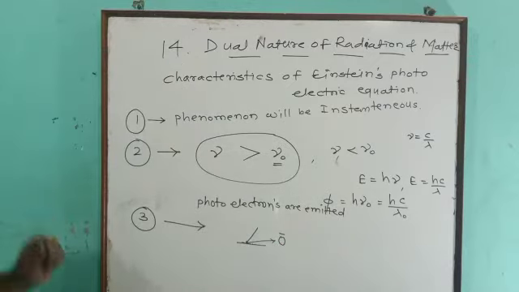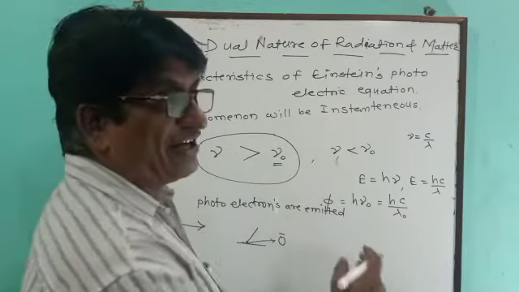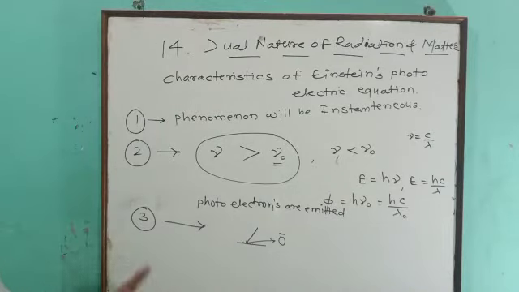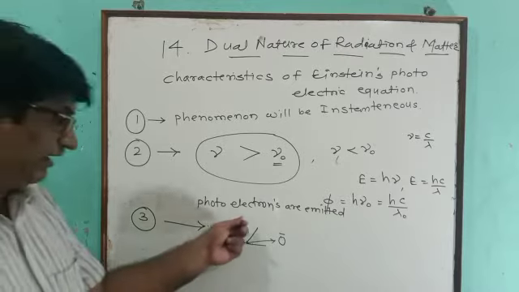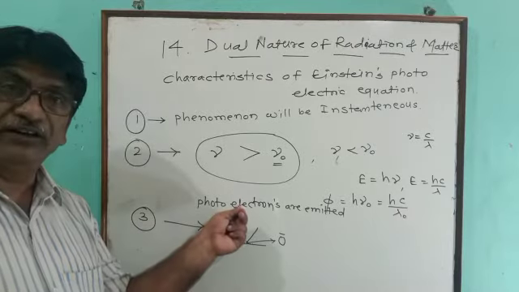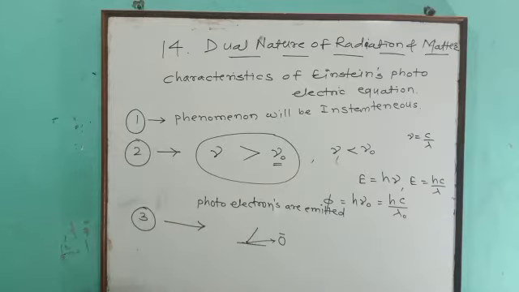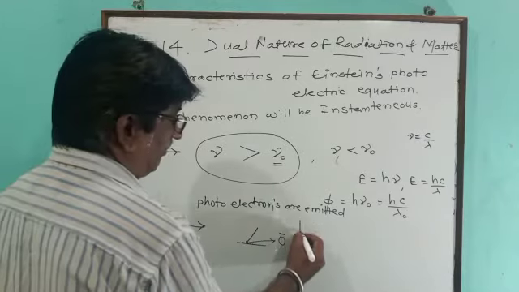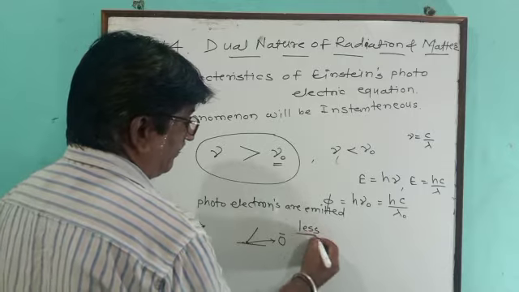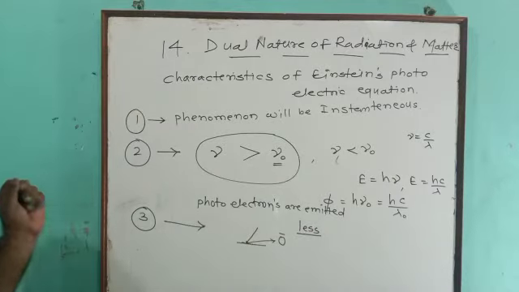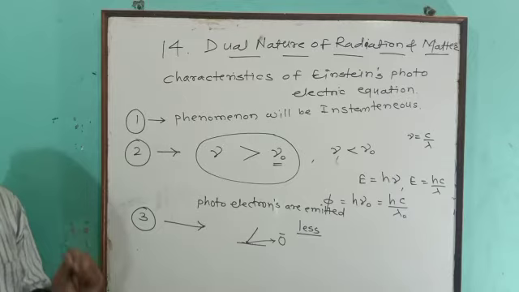Photoelectrons are emitted, and these photoelectrons are attracted towards the collector. Initially, when the intensity of incident radiation of light is less, what happens?